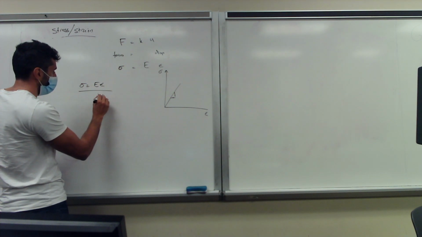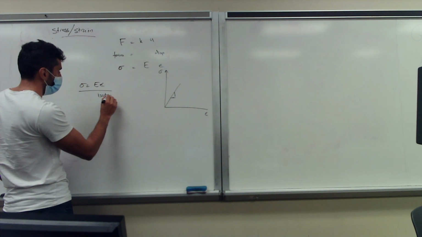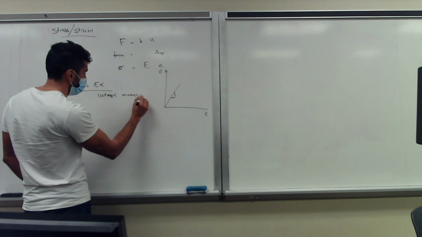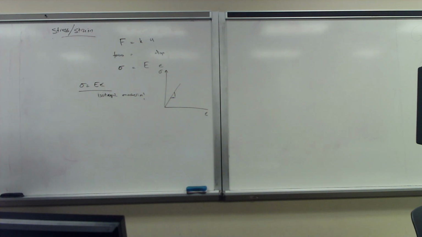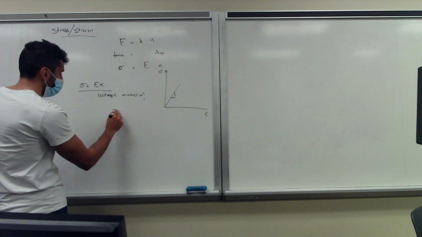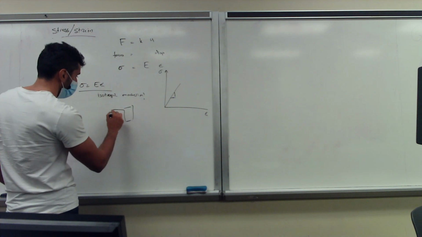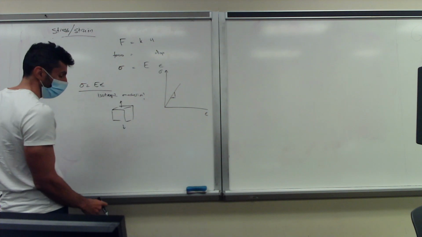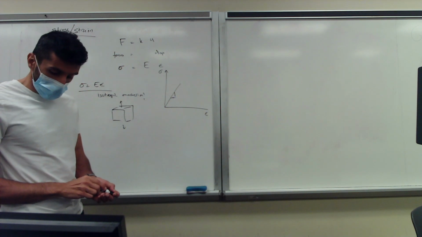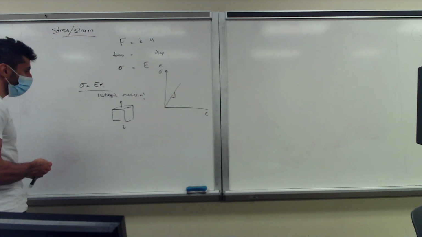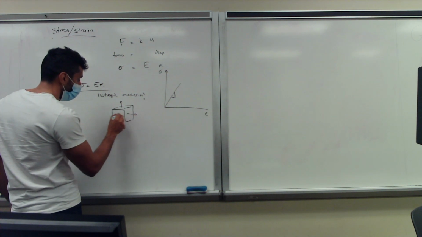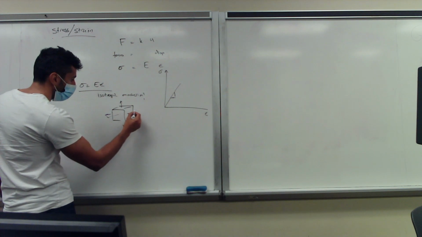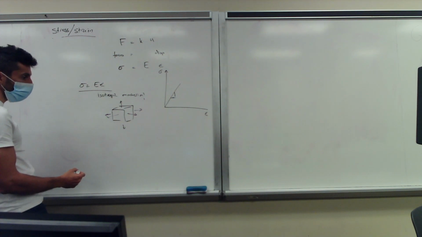for isotropic material. What do I mean by isotropic material? If I have my cuboid, and I pull it in the x direction, it will displace the same as if I pulled it only in the y direction, or only in the z direction.